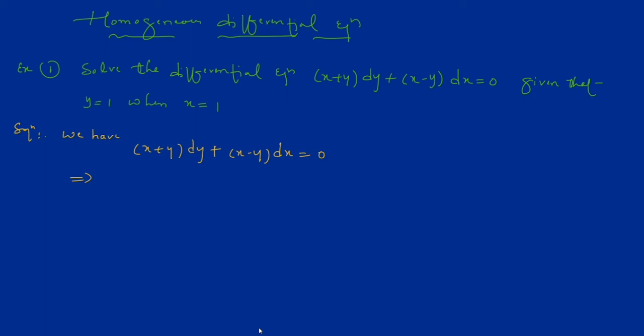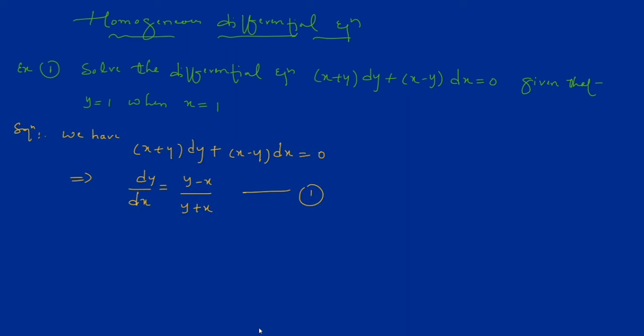That is dy by dx equals (y minus x) upon (y plus x). Just a basic simplification: the dy term stays, the dx term goes to the RHS, and the minus sign multiplied in makes it y minus x over x plus y. Take this as equation 1.